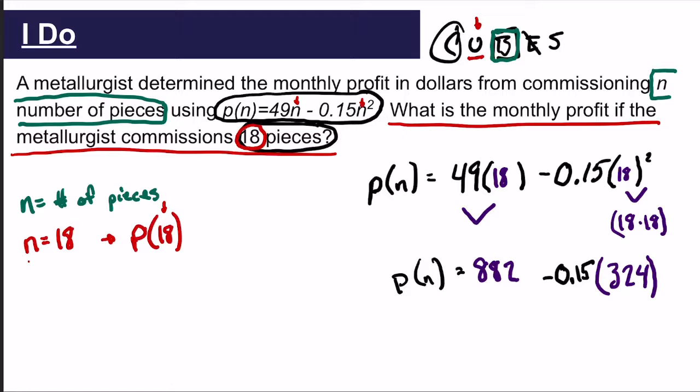Remember, we put that 18 in for n, our variable n, and brought it down. Now let's continue to solve. Still doing order of operations, I still have a multiplication before I can do my subtraction. That multiplication is 0.15 multiplied by 324. If you put that in your calculator, 0.15 times 324 is 48.6.